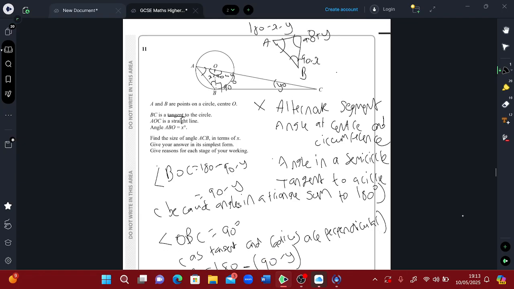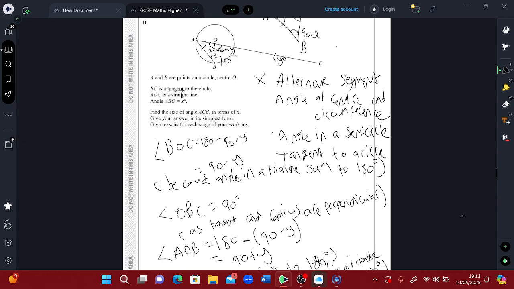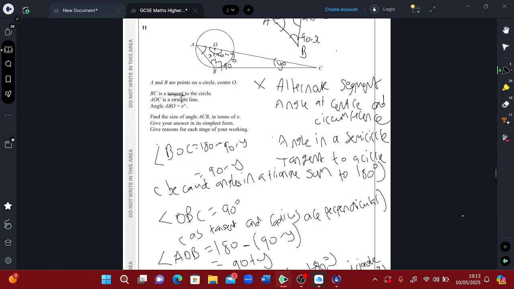Hang on, we messed up here somewhere. So BOC, so that's y, that's 90, if this is the radius we defined it to be. So this creates two separate triangles, ABO and BCO. So if this angle's y, we know that this is 90 because this is the radius, tangent and radius are perpendicular.